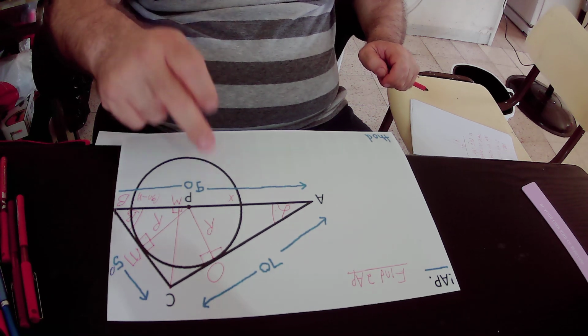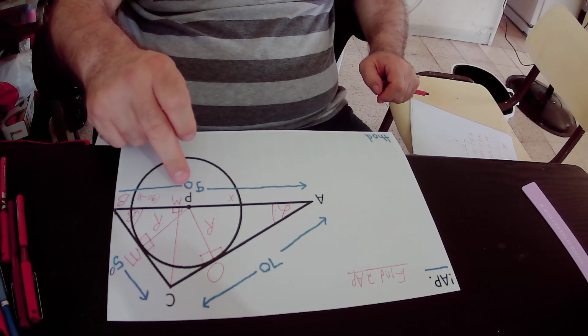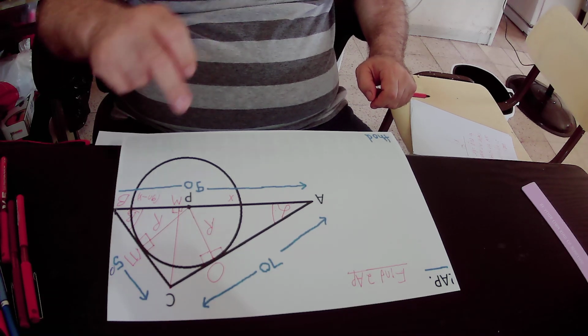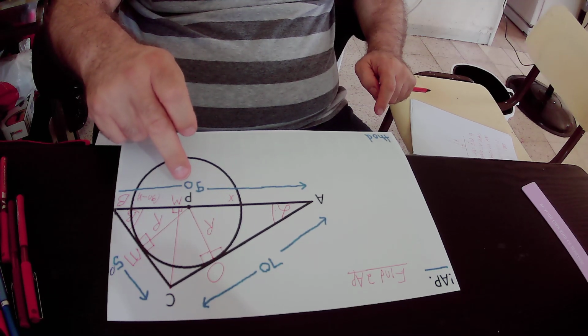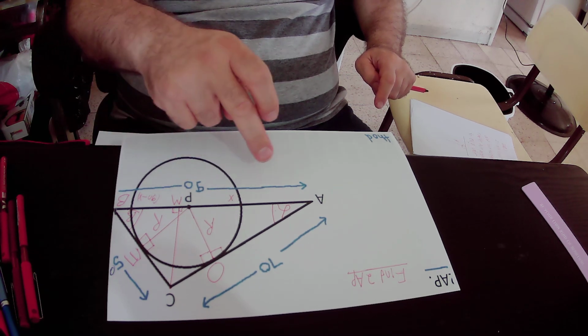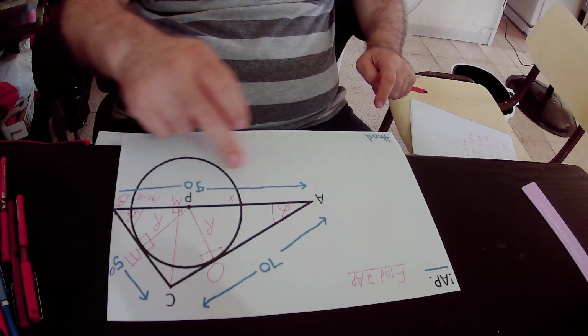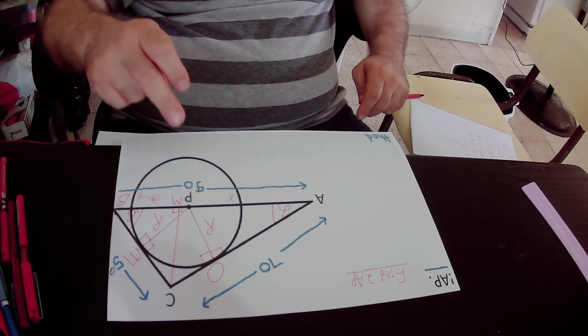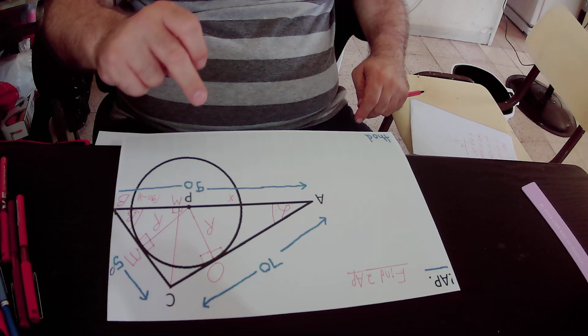We have a circle. The center of this circle is P, and P is situated on side AB of triangle ABC, and we have two tangents to this circle.